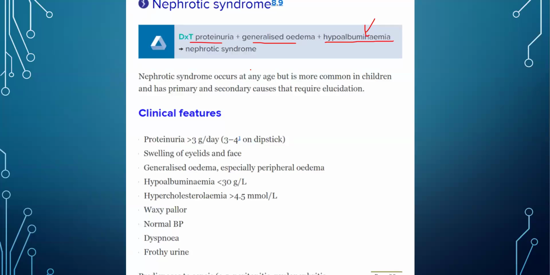So nephrotic syndrome can occur at any age, but it's common in children above 3 to 4. The main features are proteinuria of more than 3 grams per day, generalized edema, hypoalbuminemia, hypercholesterolemia, and in this case, children have normal blood pressure and sometimes frothy urine.